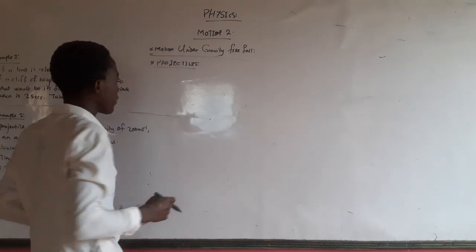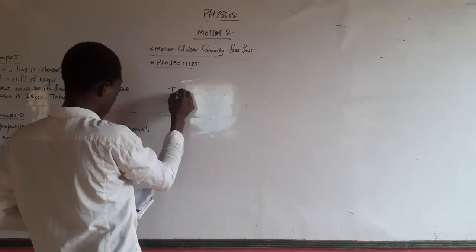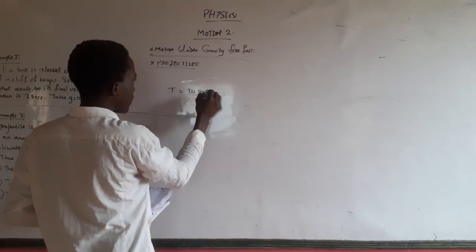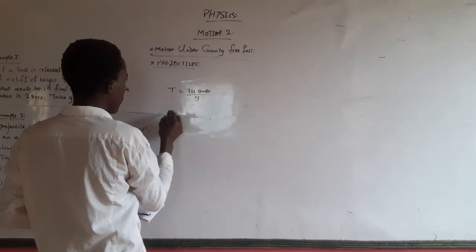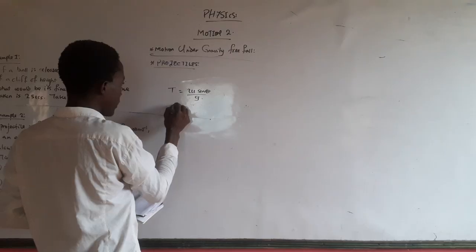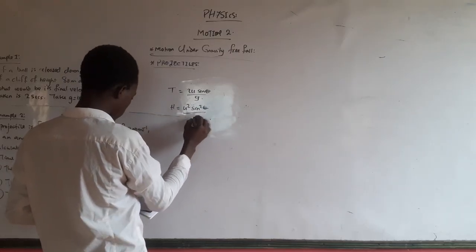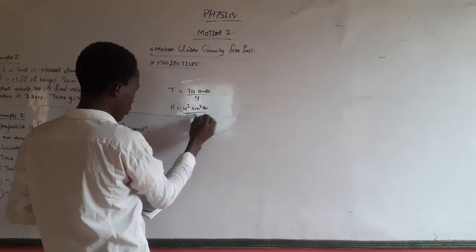So we have the general formula for t. T is given as 2u sine theta over g. The height is given as u squared sine squared theta over 2g.